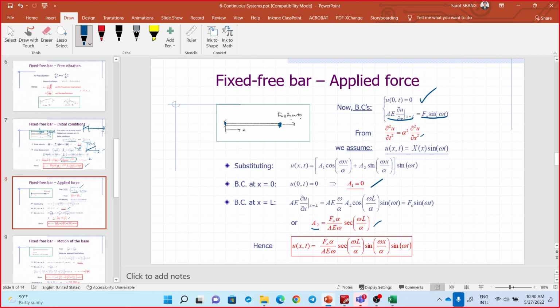So the final total solution has this form.